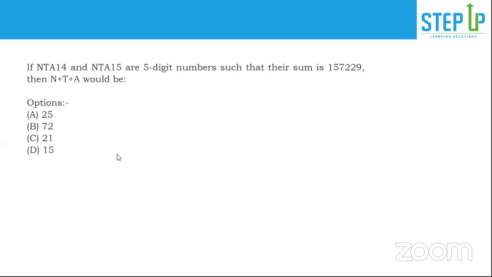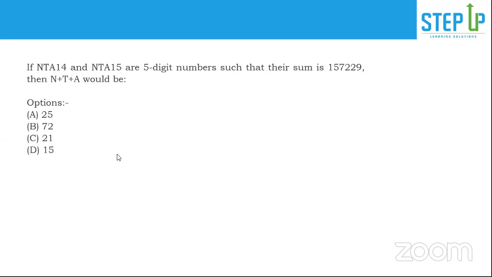So two 5-digit numbers, and if you add these two numbers, the sum comes to 157229. What you have to assume is that all of these are integers, correct? They can't be in decimal. And if you say N and T, that means they have to be different numbers.